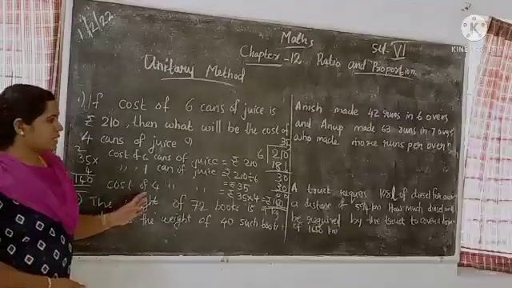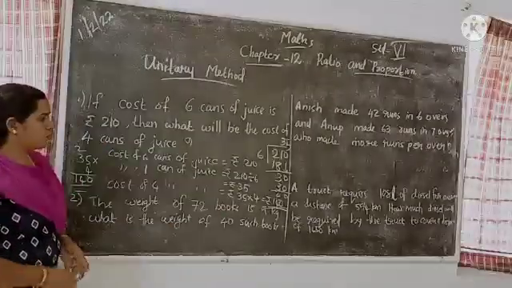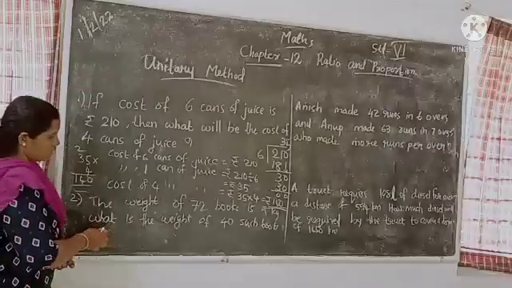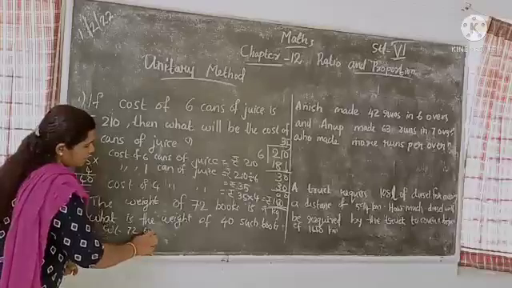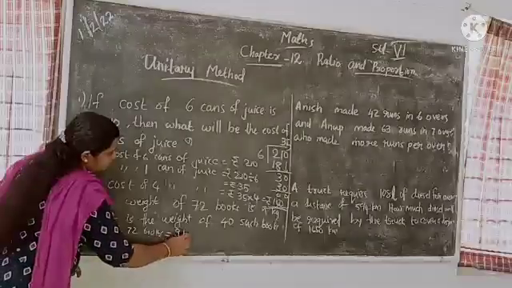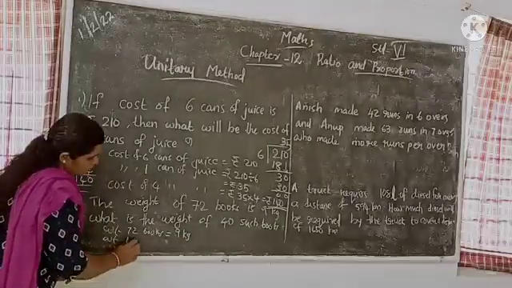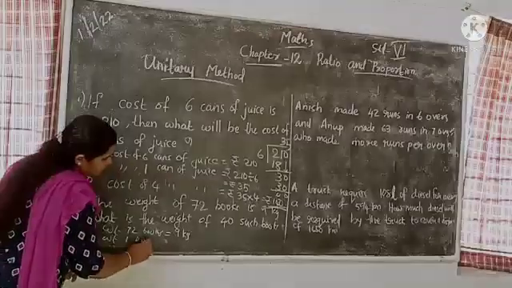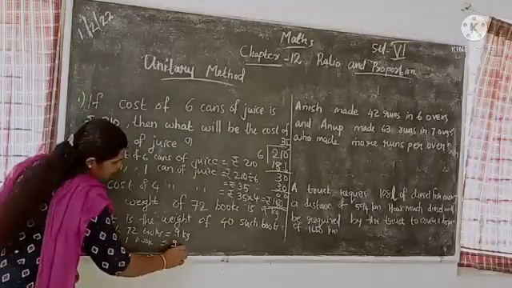The weight of 72 books is 9 kilogram. What is the weight of 40 such books? Weight of 72 books is equal to 9 kilogram. Then weight of 1 book is equal to 9 by 72.